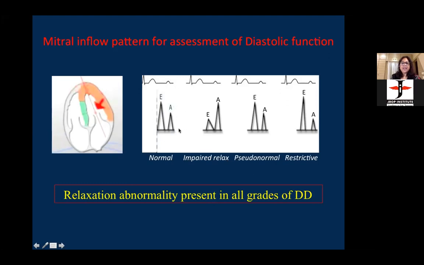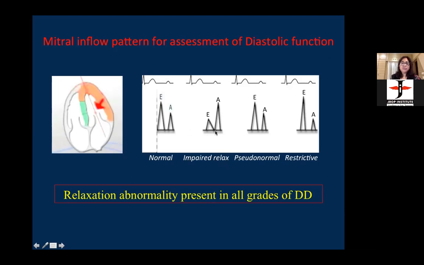Now, as the diastolic dysfunction sets in with the impaired relaxation, what happens? There is impairment of the LV relaxation. So LV pressure fall is less. So less pressure difference between the left atrium and the left ventricle, as a result of which a small amount of blood flow makes the pressure of LV and LA equal.